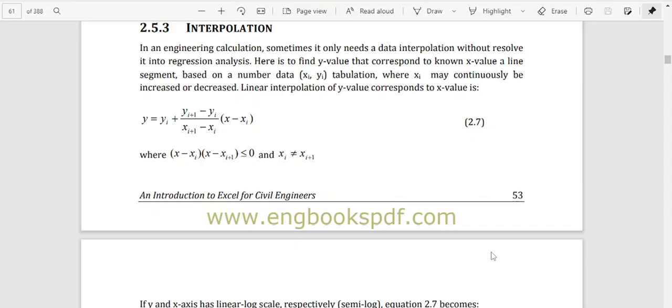You can only see values within that range. So the only way to get this value is to do interpolation.